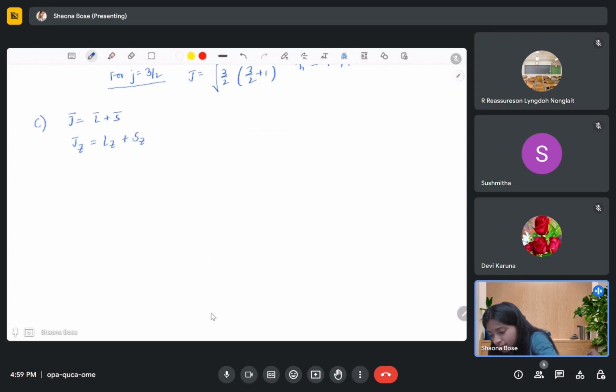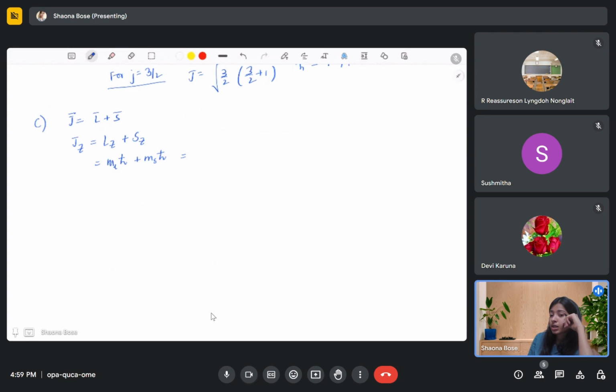So jz is equal to lz plus sz. Okay, so that is m l h cut plus m s h cut.